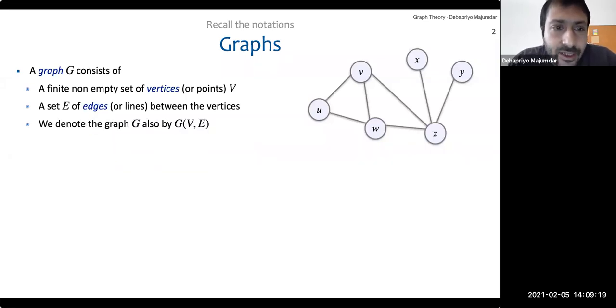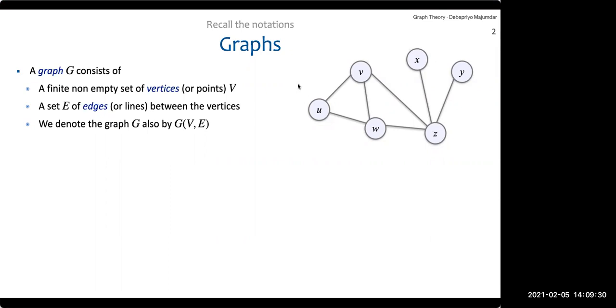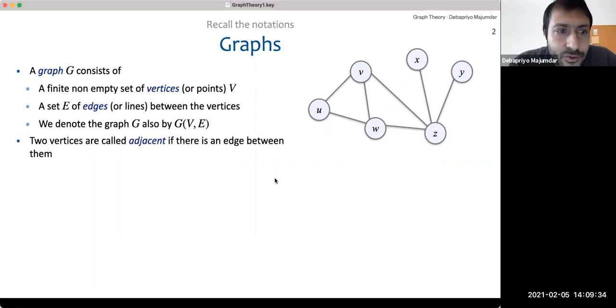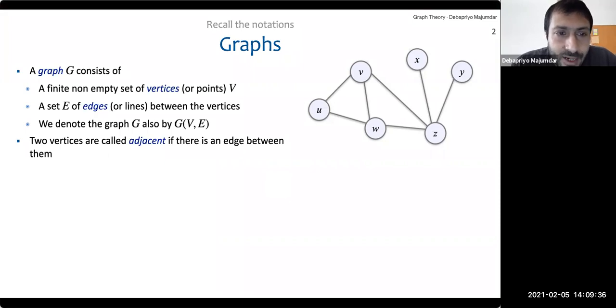We typically denote the graph G also by G in brackets V, E, given the set of vertices and given the set of edges. So two vertices are called adjacent if there is an edge between them.